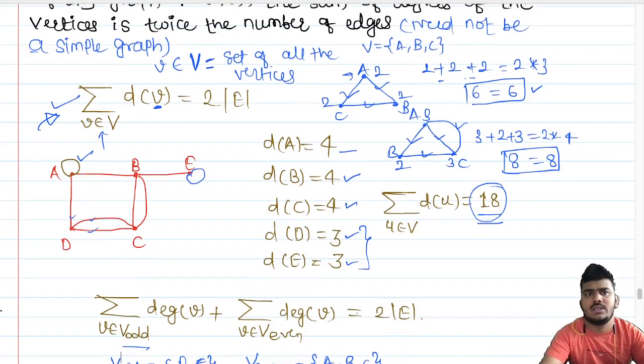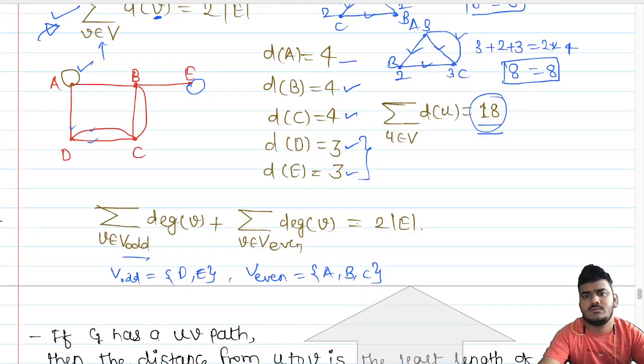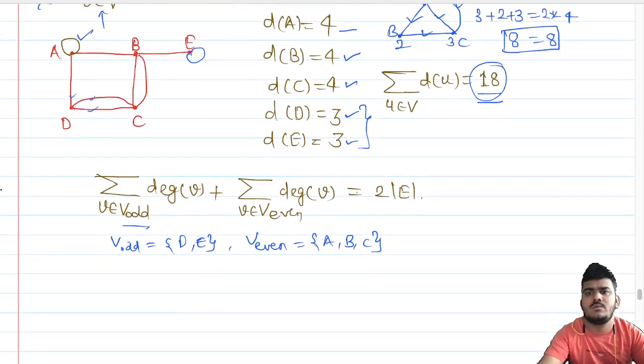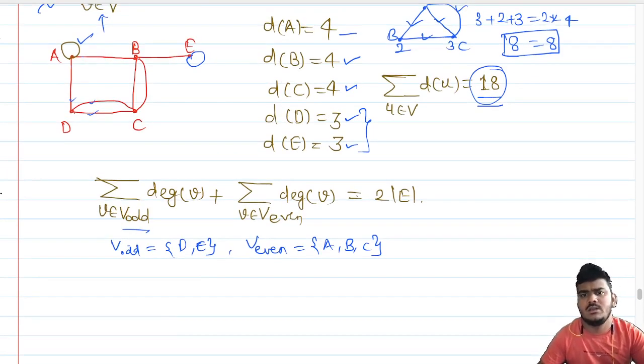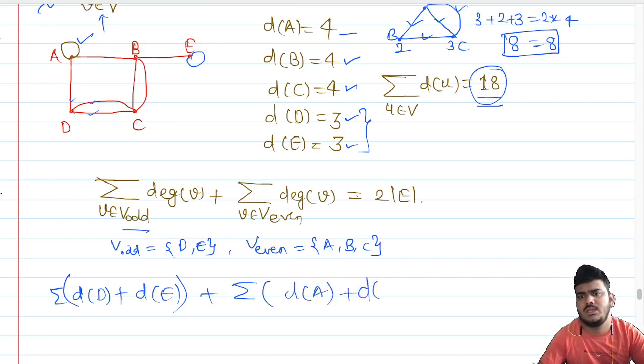If we calculate this, the odd part is degree of D plus degree of E, and the even part is degree of A plus degree of B plus degree of C, equal to 2 times the number of edges.